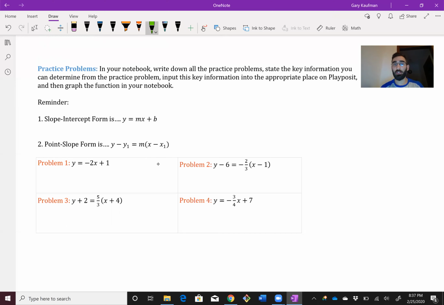The questions are going to show up next. Make sure you read the instructions carefully, and then graph the function in your notebook. Best of luck. And if you get stuck, again, come meet me in Google Meet. If it's not class time, send me a detailed email saying which question you're struggling on.